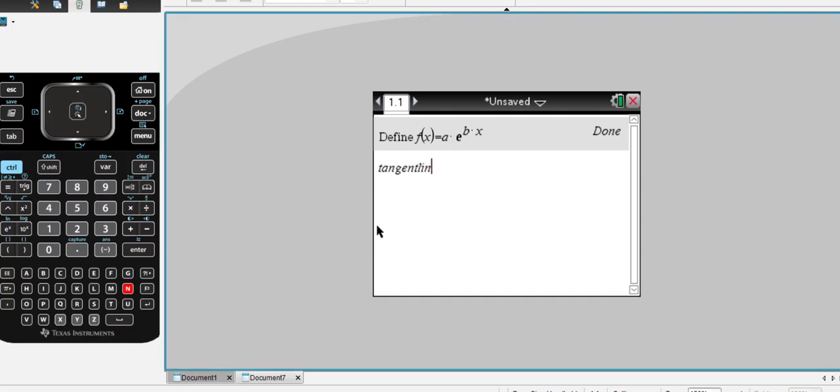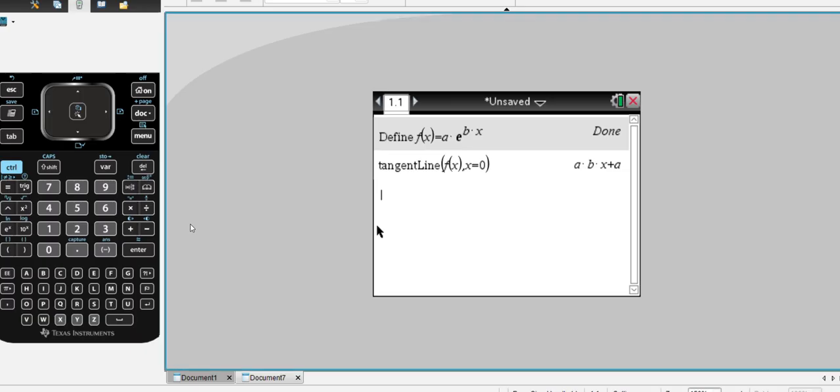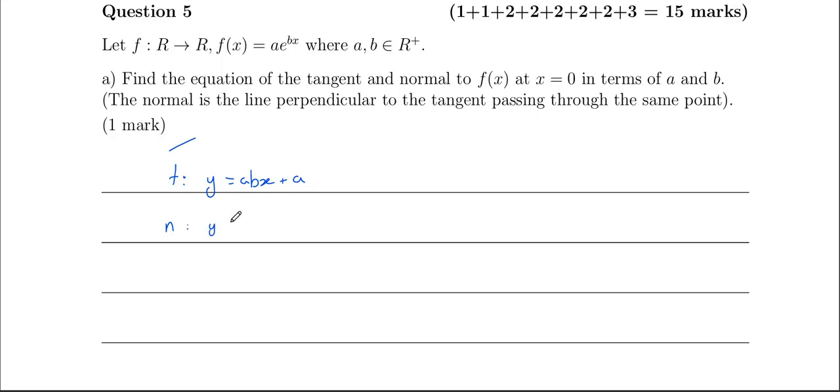And we need to find the tangent line at x equals 0. So the tangent line is y equals abx plus a, and the normal line is y equals negative 1 over ab times x plus a.